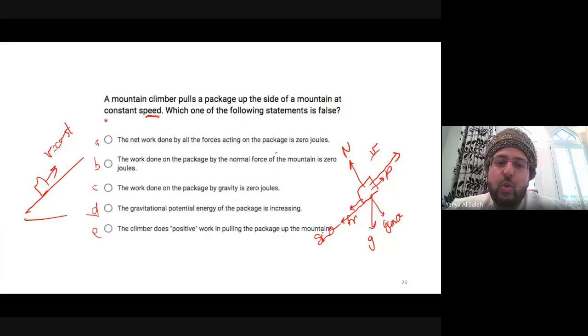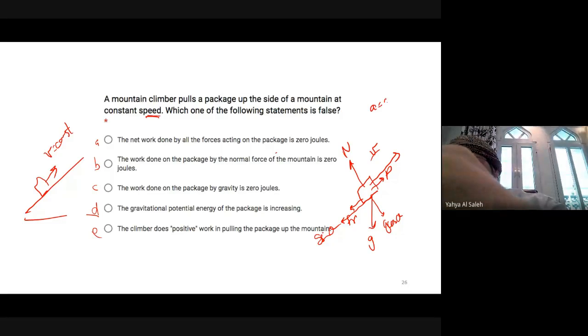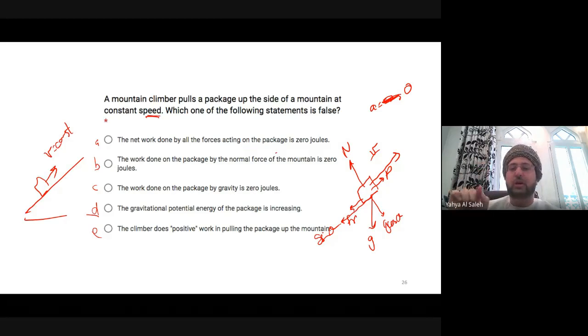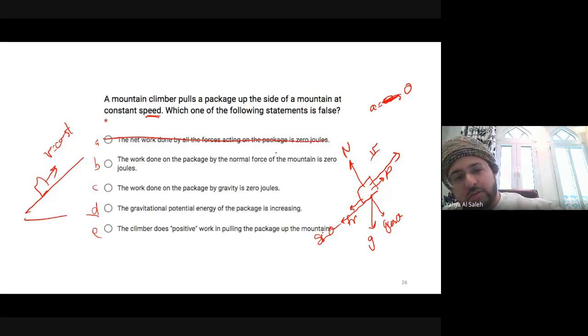The net work done by all the forces, and it says v equals constant, which means a equals 0. Net work done by the forces acting on the package is 0 joules. This is correct. Because otherwise, if there was positive work, it would speed up. If there was negative work, it would slow down. Since the velocity is constant, the net work is 0. So this cannot be the false one.